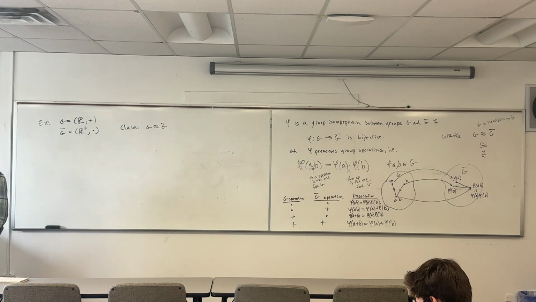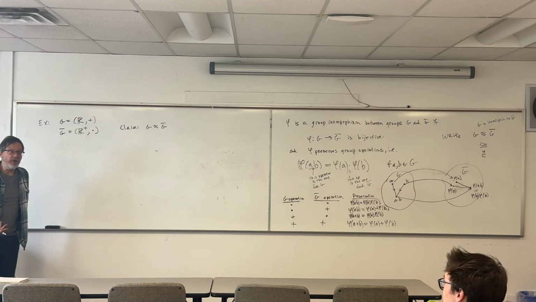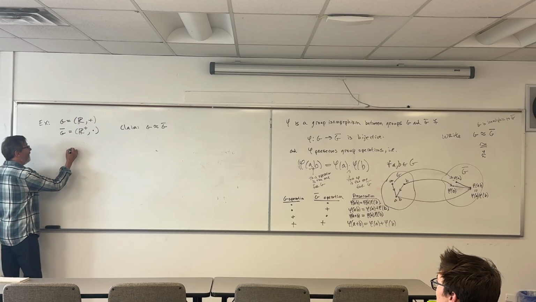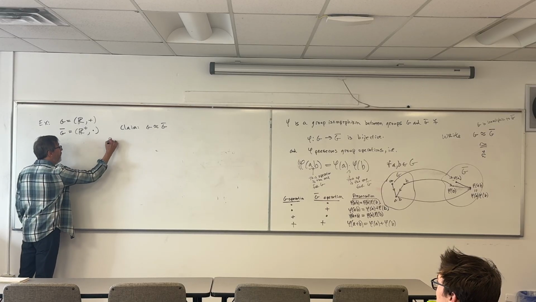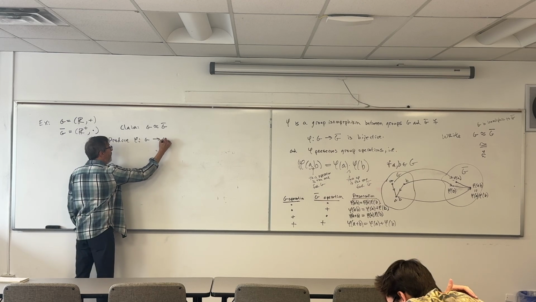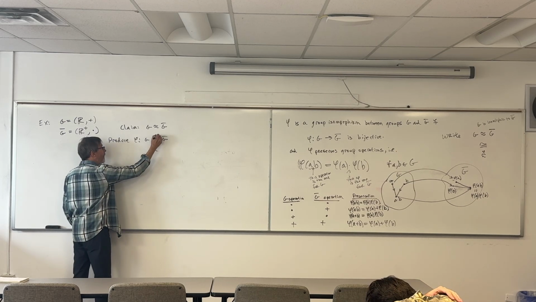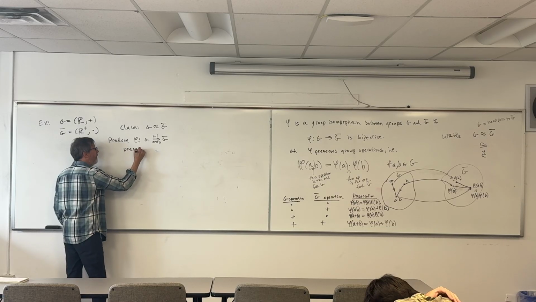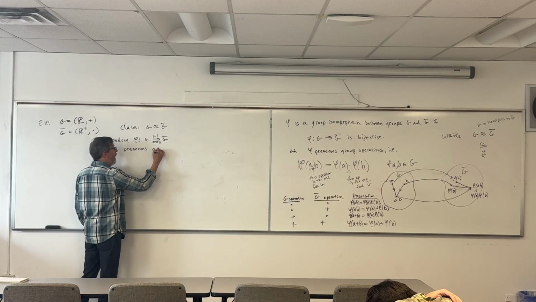Somehow those are the same. We have to figure out how they're the same. And since we're kind of new to this, I'm going to give us some help here. So what I have to do is produce a phi that goes from G to G bar that is 1 to 1 and onto and preserves the group operations.